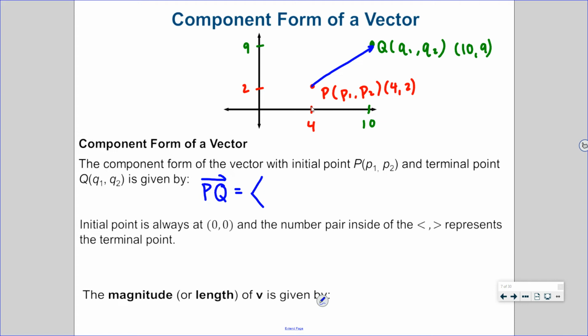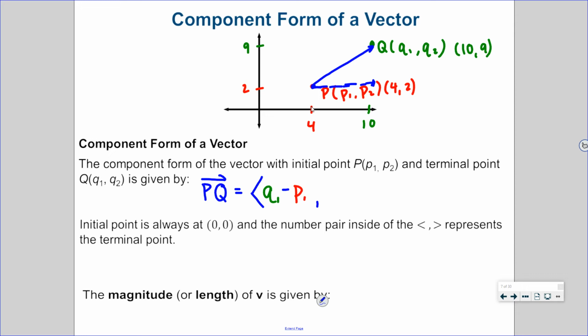So algebraically, if I want to find this distance, I would take Q1 minus P1. Everybody see that? That would give me this distance right here, right? With our numbers, I would do 10 minus 4, and that'd be 6.